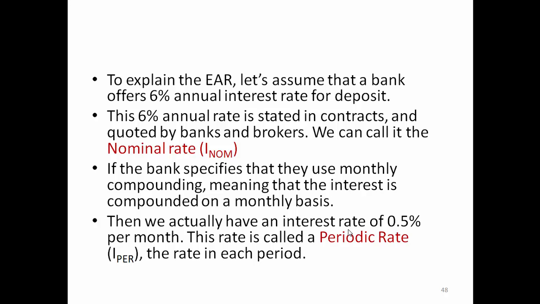That also means 12 times a year. Then we will actually have an interest rate of 0.5% per month, and that 0.5% is the 6% annual interest rate divided by 12 months in the year, and that is the interest rate each period.